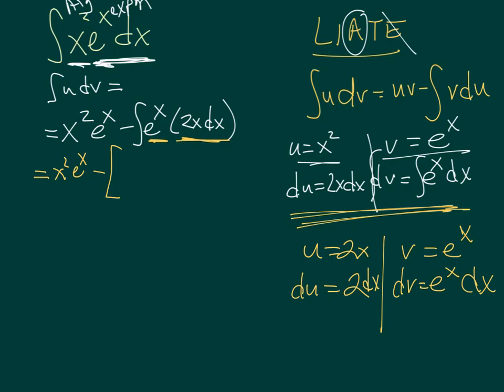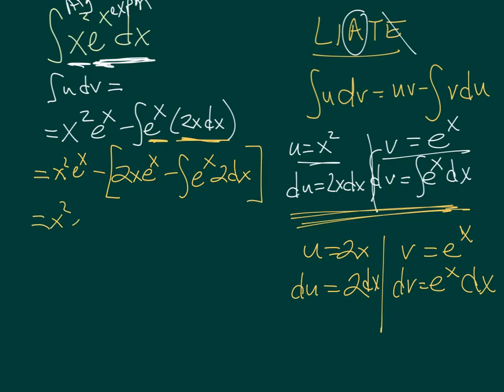So now our u, we said, was 2x. Our v, we said, is e to the x. We have to subtract the integral of our new v, which is e to the x, and du, which is 2 dx. Okay, so that's not horrible.